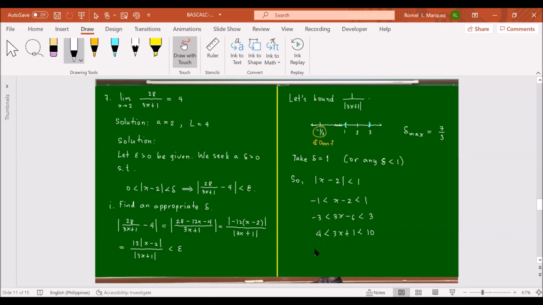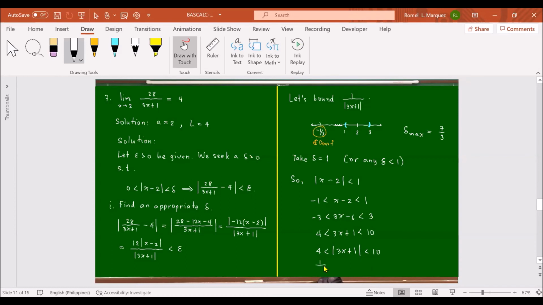So I take the absolute value. We now have 4 is less than the absolute value of 3x plus 1, because the extreme values are both positive, no change in the sign, right? But I want the reciprocal of this. So if I take the reciprocal, there will be a change in sign, or I have to interchange the position of 4 and 10.